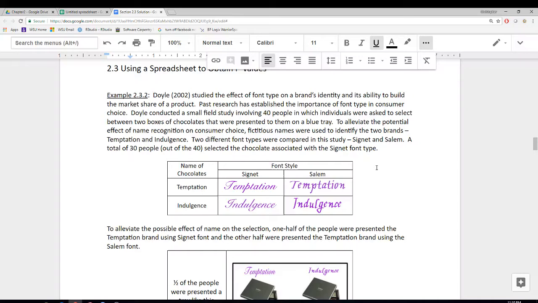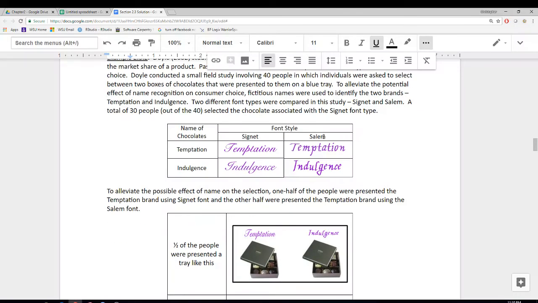In this particular example, they were looking at trying to select a font that was best for selling chocolates. We have two fonts being studied. We have the Signet font, which is shown here. We also have a second font, which is the Salem font.